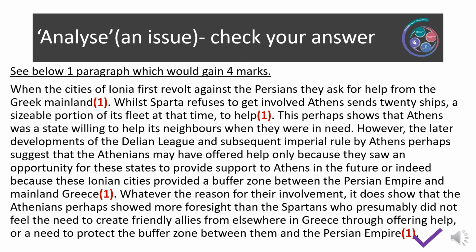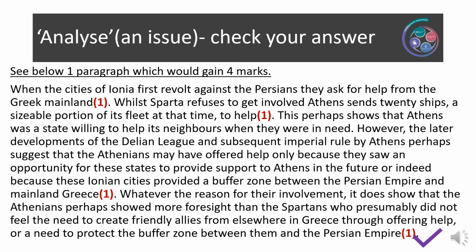However, the later developments of the Delian League and subsequent imperial rule by Athens perhaps suggest that the Athenians may have offered help only because they saw an opportunity for these states to provide support to Athens in the future, or indeed because these Ionian cities provided a buffer zone between the Persian Empire and mainland Greece.